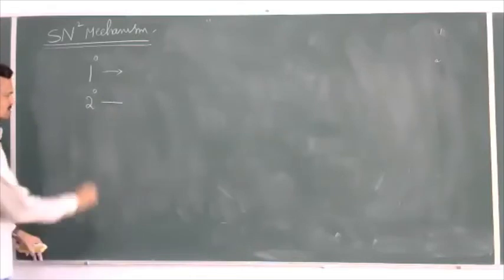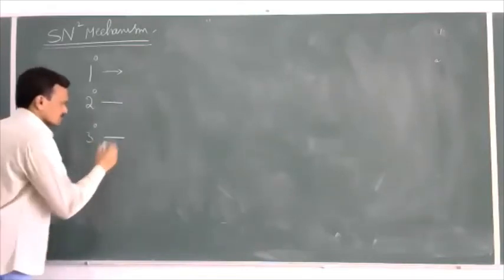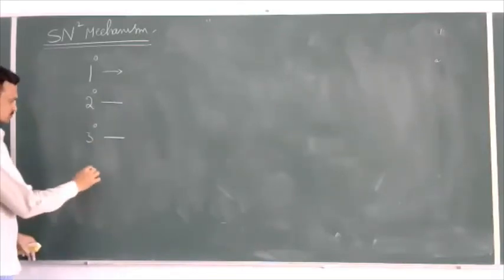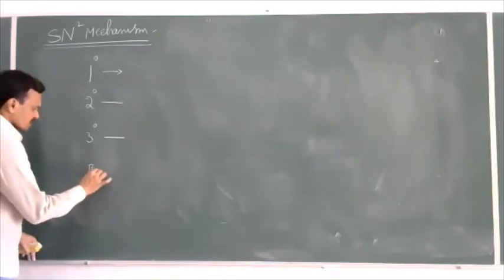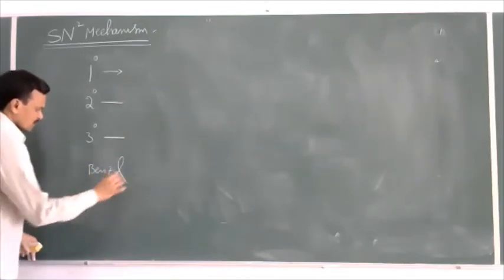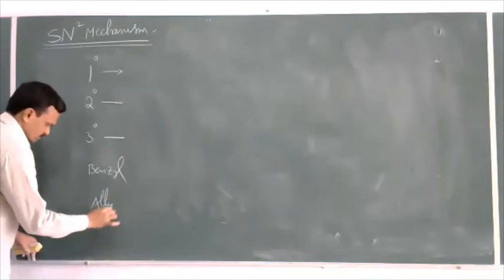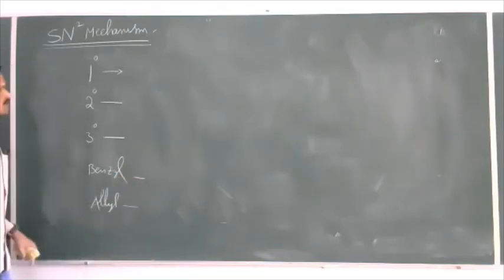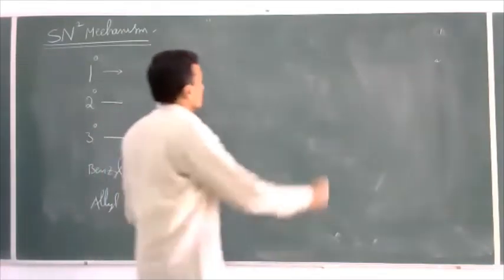secondary haloalkanes, tertiary haloalkanes, benzyl and allyl. These are different types of halides. Still some are there.